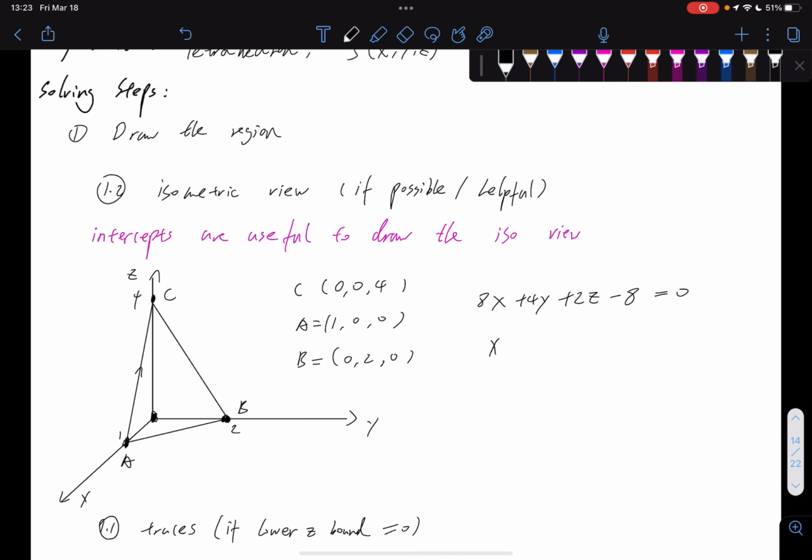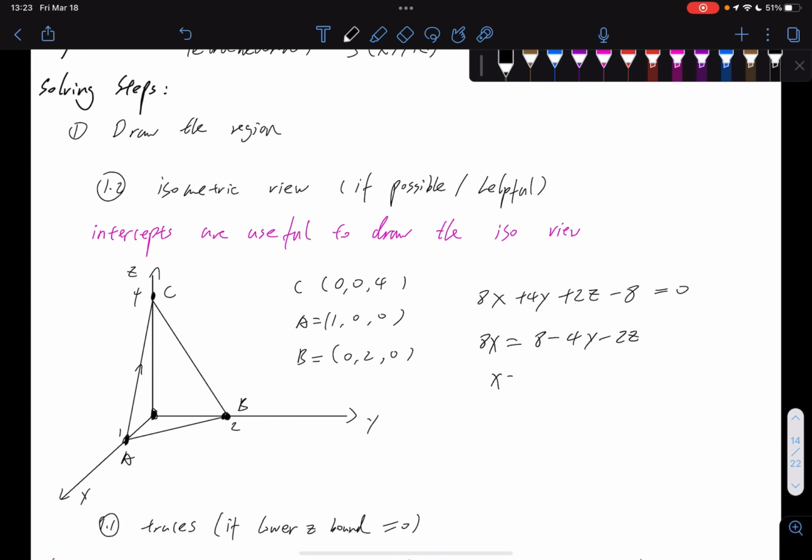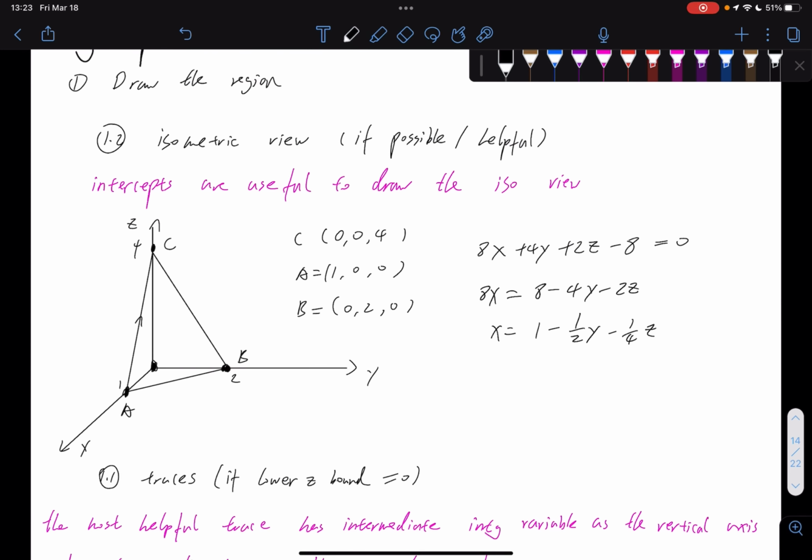So x equals a minus 4y minus 2z, and then x equals 1 minus 1/2 y minus 1/4 z. Right? So why do we care about x? Because this x will be the upper bound of our integral, which is the equation of the plane itself, right?